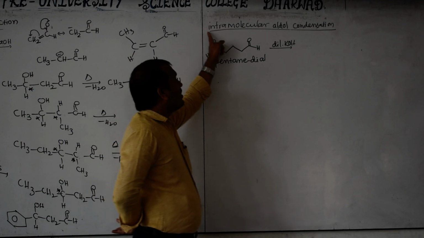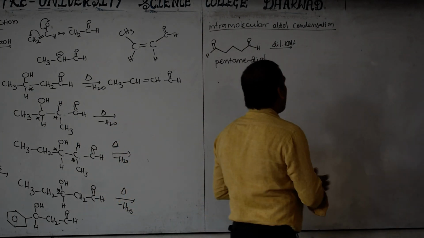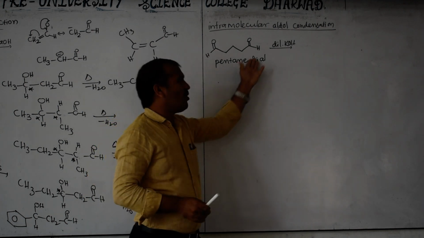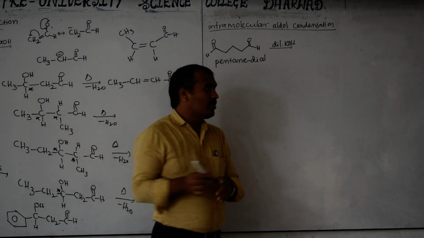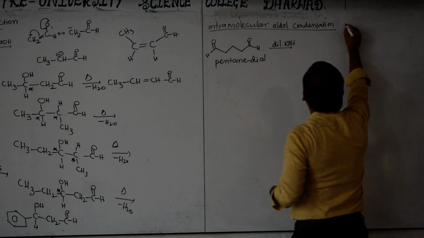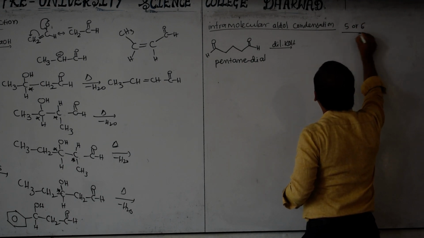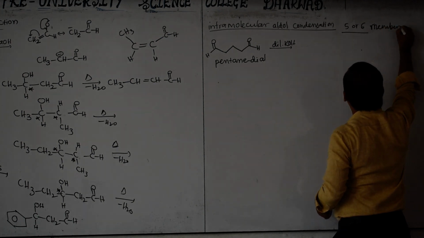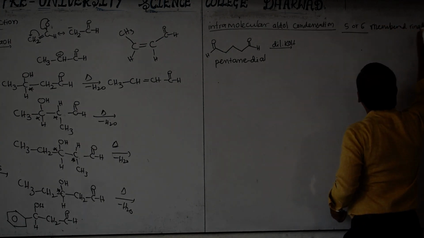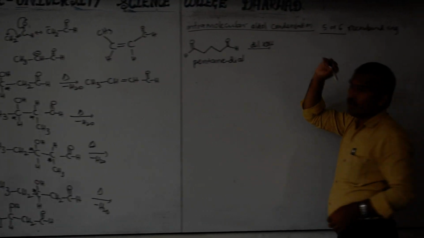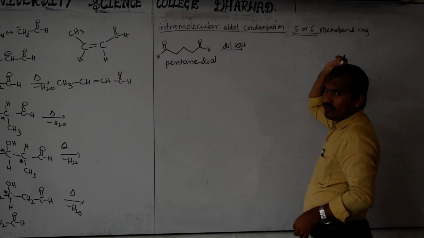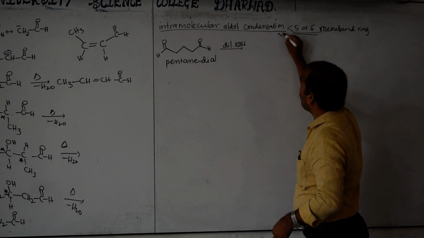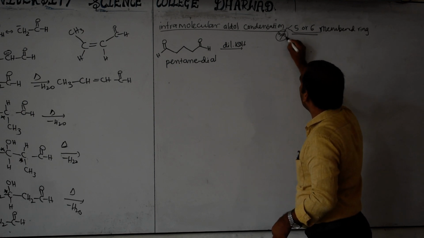And keep in mind, in intramolecular reaction, when it reacts, it compulsorily forms a ring, because within the molecule it forms the ring. This ring is generally possible as a 5 or 6 membered ring. Less than this, 3 or 4, is not possible.